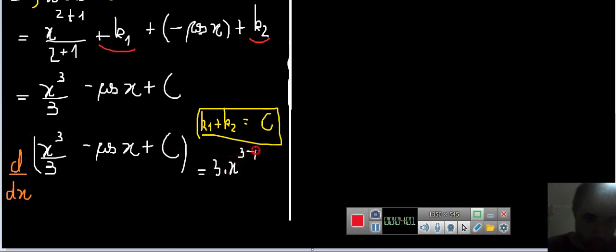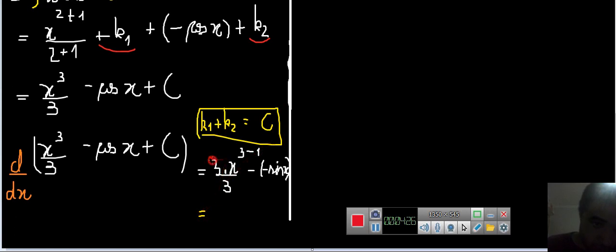We subtract 1, over 3, minus the derivative of cosine of x, which is minus sine of x. So okay, and then minus with minus will give us plus, right?